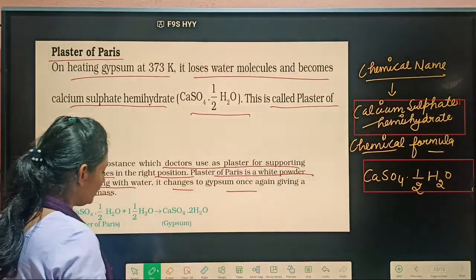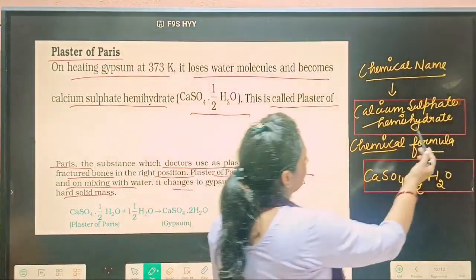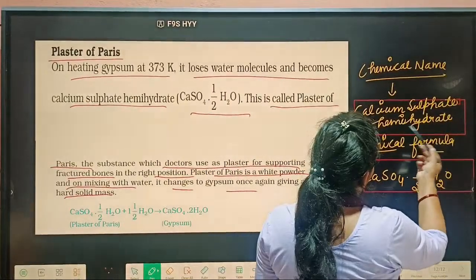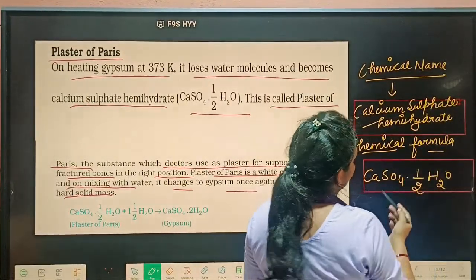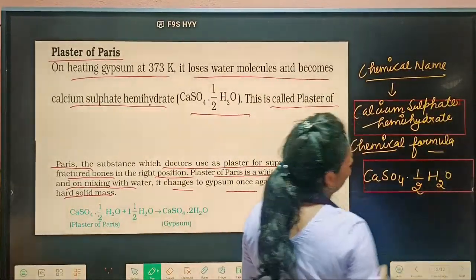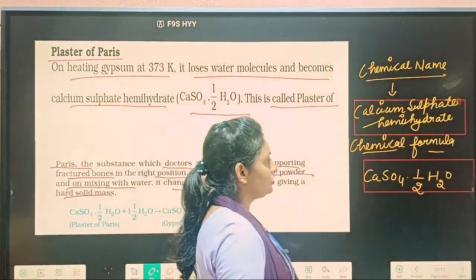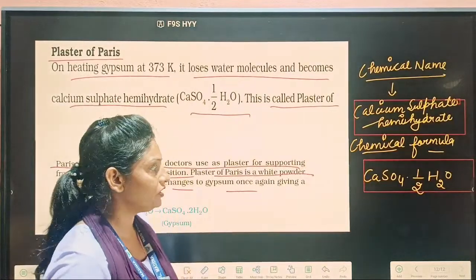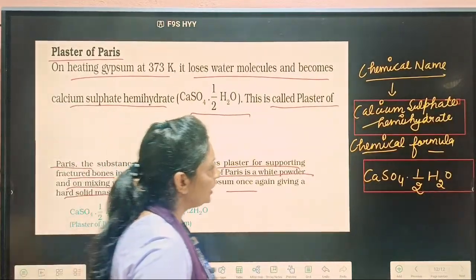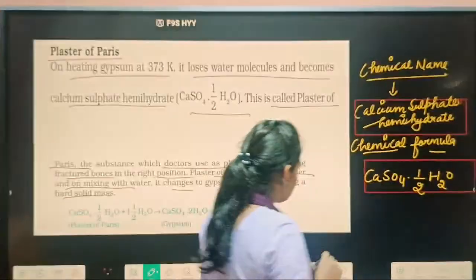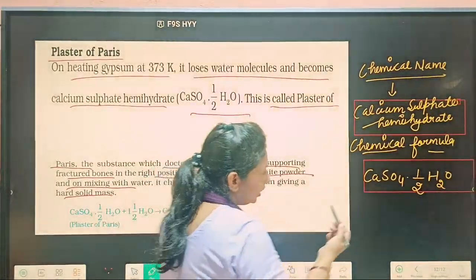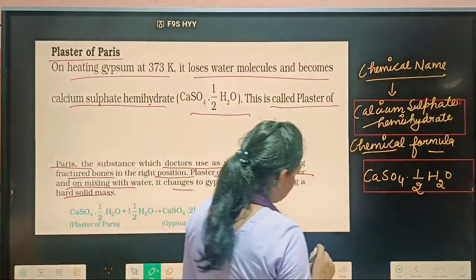Okay, so students, this one is the chemical name, calcium sulfate hemihydrate, and this one is the chemical formula, CaSO4 half H2O. Now students, what is the nature for this one? Students, here it is used. How can we prepare this one?